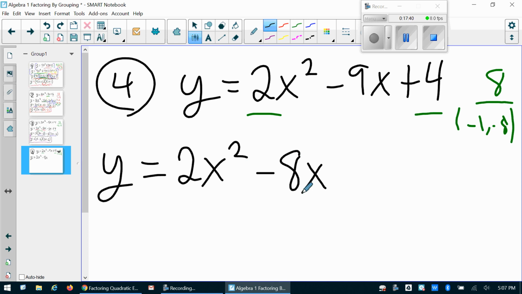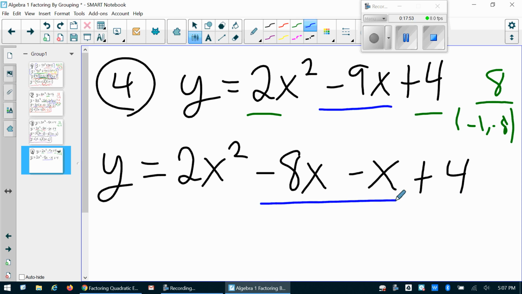Now, when I have negative 1x, I can just write negative x because that 1 isn't really necessary. But if you want it there, that's fine. These two pieces have to be equal, and they are. Let's go ahead and split it down the middle.